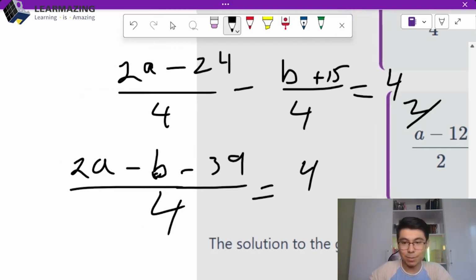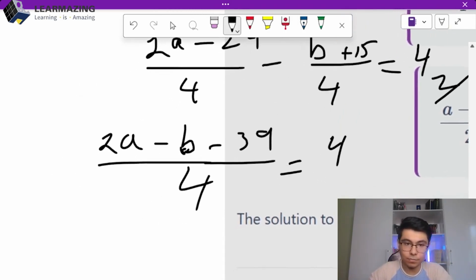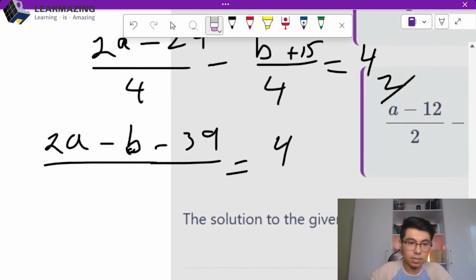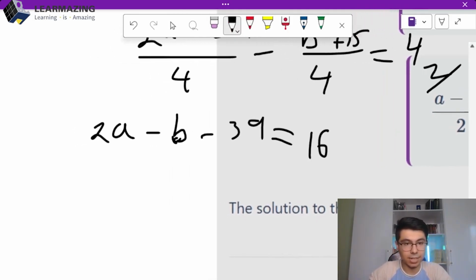And now we can multiply both sides by 4, and we get 16. So that's going to equal 16. And you can add 39 to both sides.